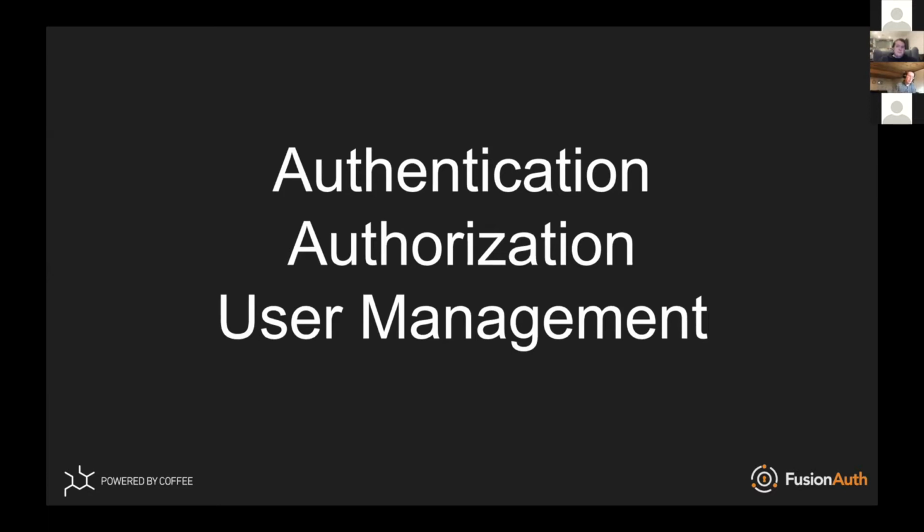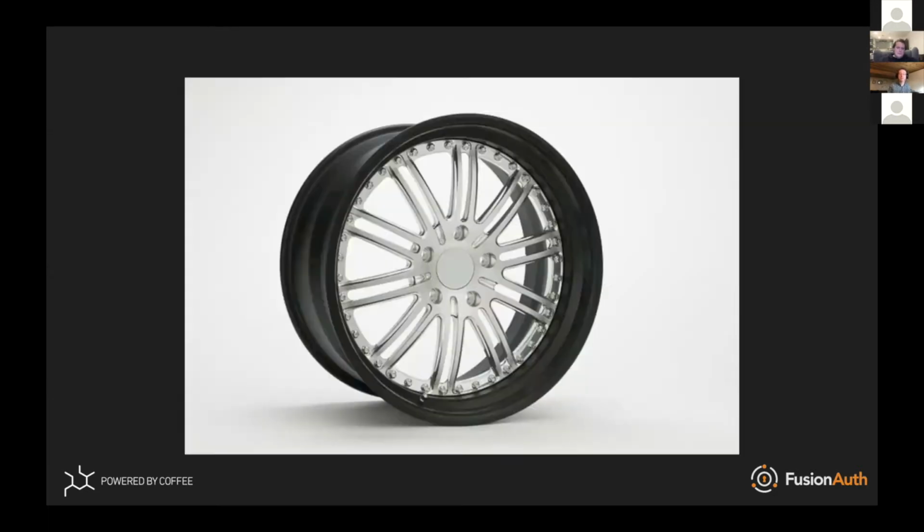So what we firmly believe is that authentication, authorization, user management is functionality that makes sense to offload from the core of your business-facing application. And the reason why is that every application has users. And so if you don't offload it to a centralized repository such as FusionAuth, you are going to have a patchwork of data and of compliance.